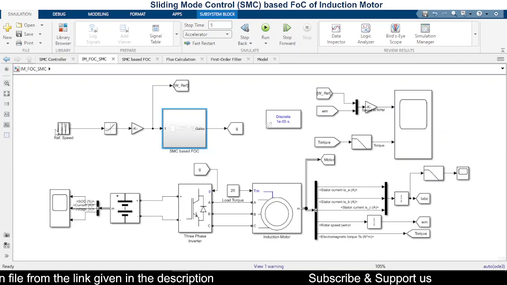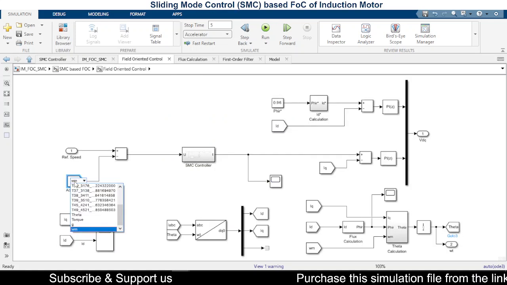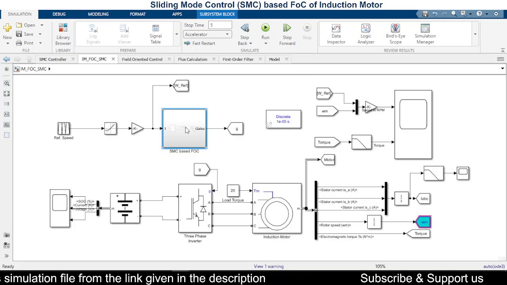The signal will be coming from this block. The actual speed is measured and fed here, and the comparison is done between the reference speed and the actual speed.